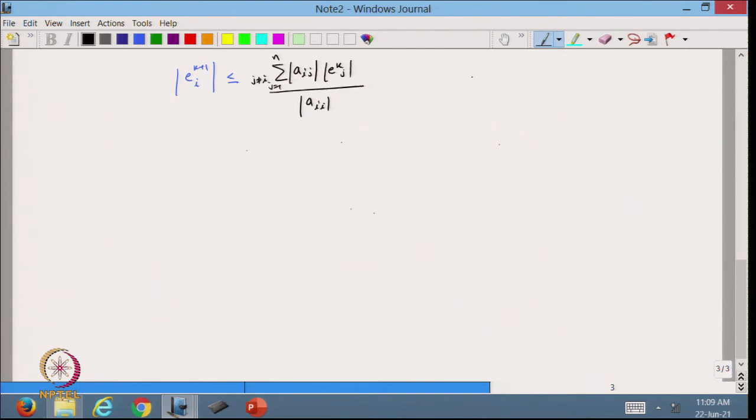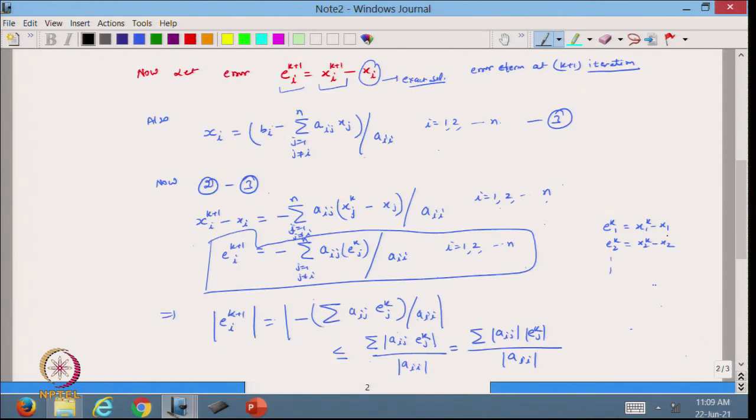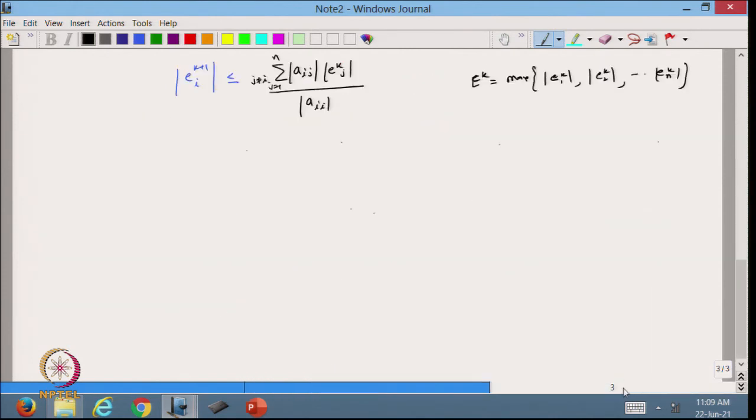Now, I choose my capital E^k as the maximum of |E_1^k|, |E_2^k| up to |E_n^k|. I have just taken the magnitude.